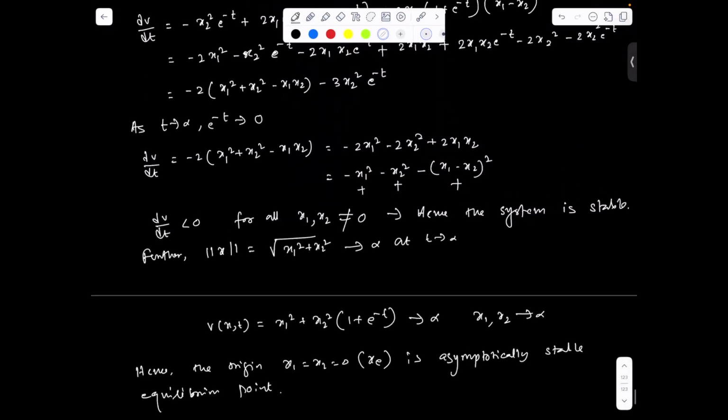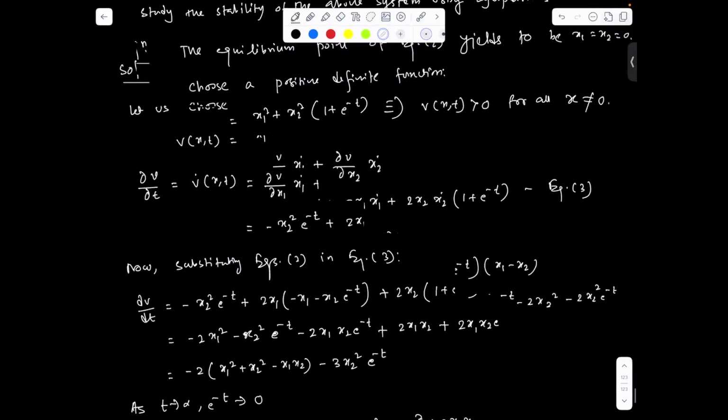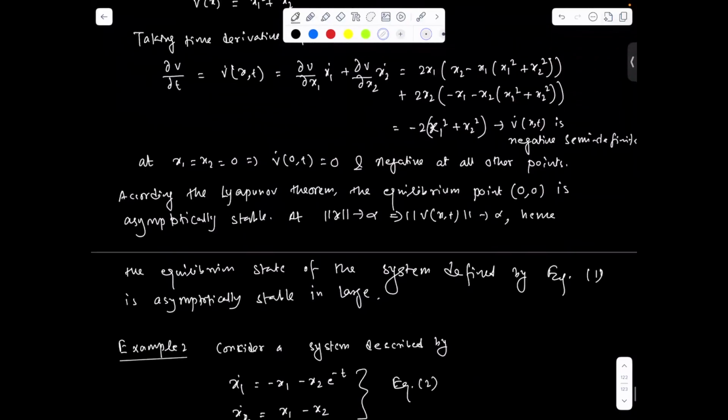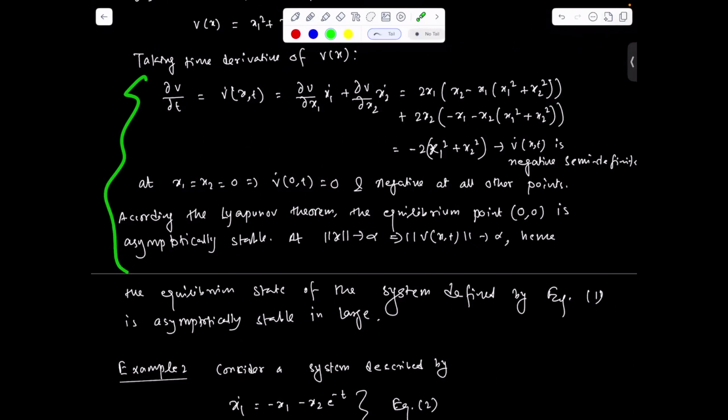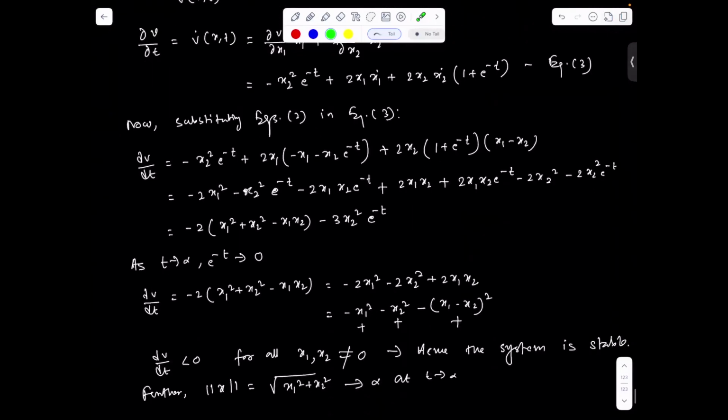So this is basically the same way what you have done for example 1. The same properties we have followed for example 2.